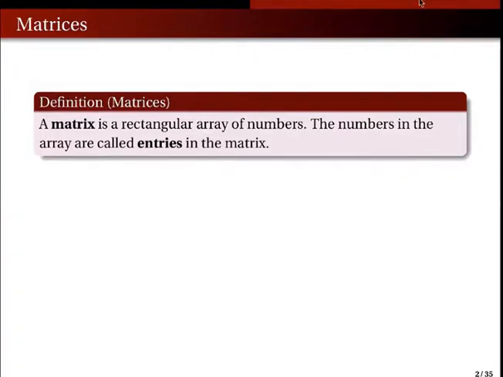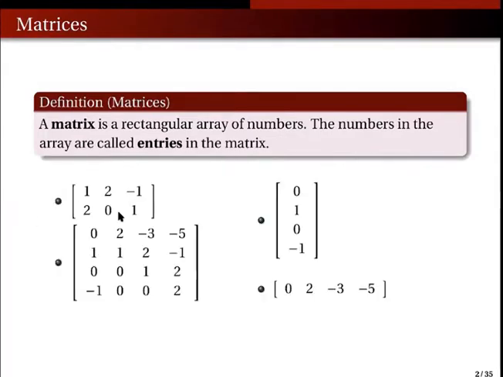So a matrix is a rectangular array of numbers. The numbers in the array are called entries in the matrix. Okay, so for example, these are all matrices. In here you have an array of numbers with 2 rows and 3 columns.